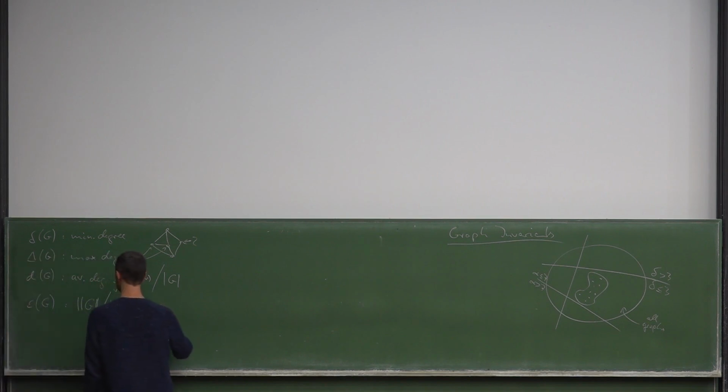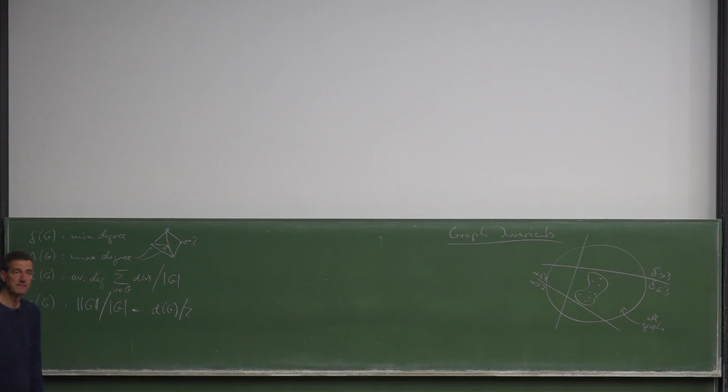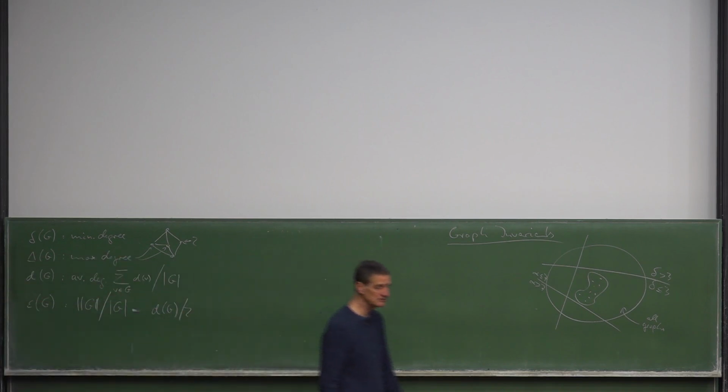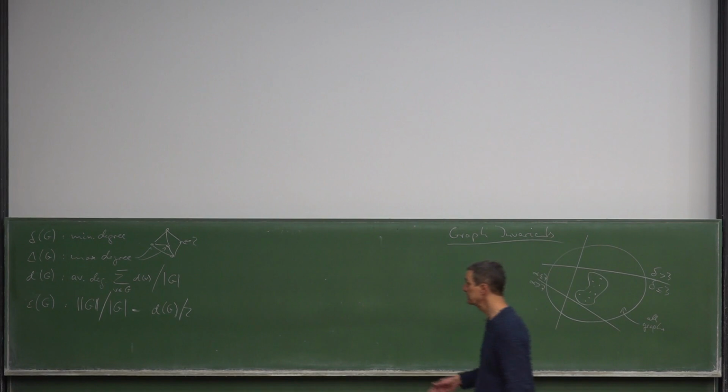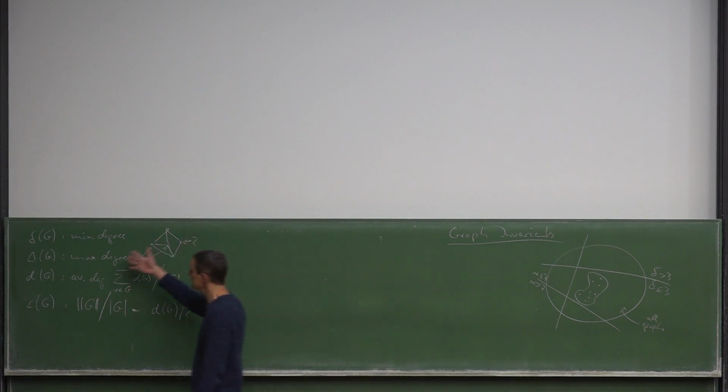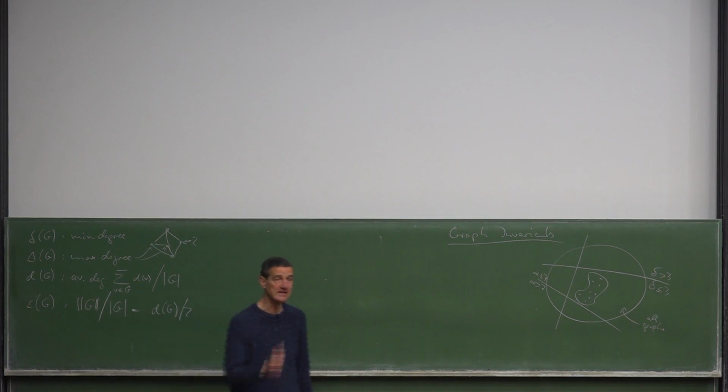So this is half the average degree. Okay, very good. Yeah, so we've got a few graph invariants already. And the average degree sort of measures globally what the min and max degree in the extreme cases or the individual degrees measure locally. Yes, there's a question.